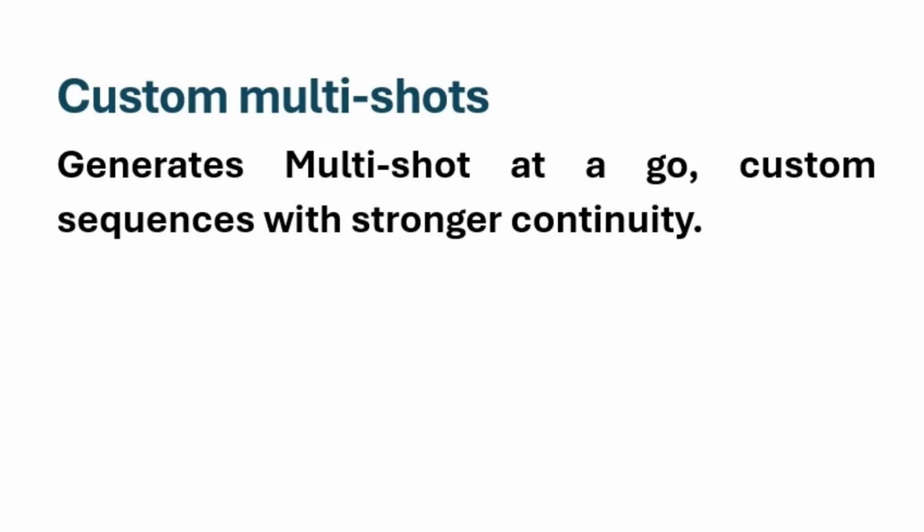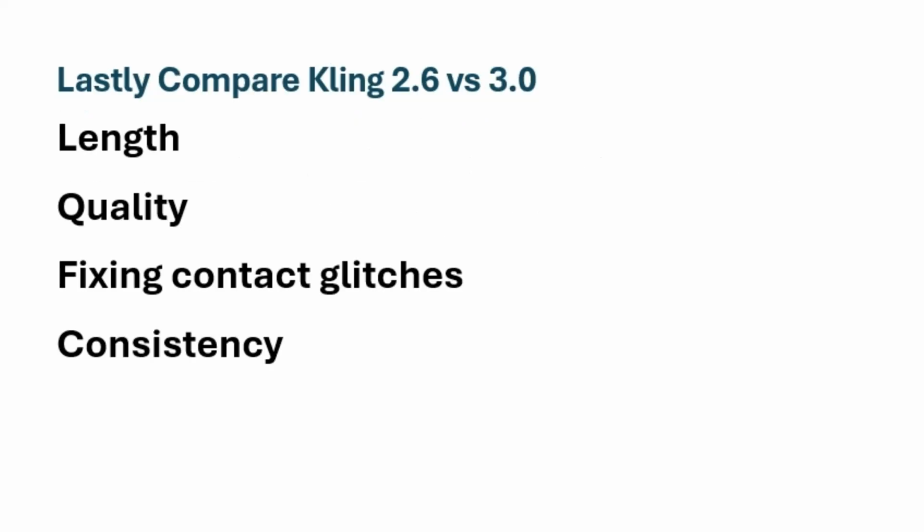And also, if you want to create multi shots in one, it has that feature. Unlike when you're giving it single by single, here you can prompt it to create multiple shots in one. These are the details and the features about this Kling 3.0 that is going to come out in a few days.